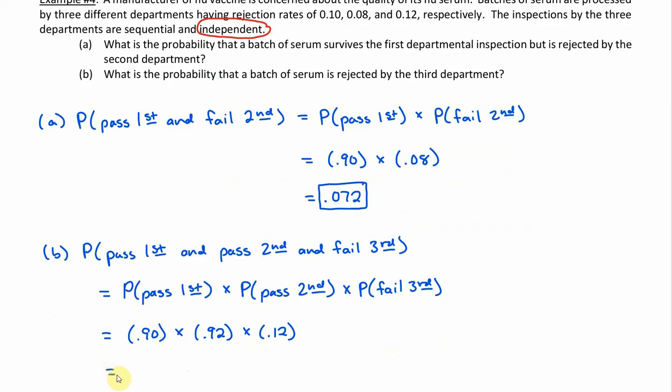I think I can squeeze this all onto one screen here. There we go. So very slightly less than 10%, I guess, is what we're ending up with here. That it would make its way to the third department, but it would fail once it got there.